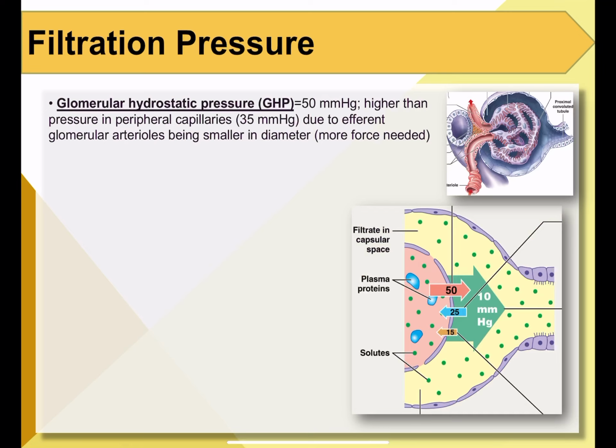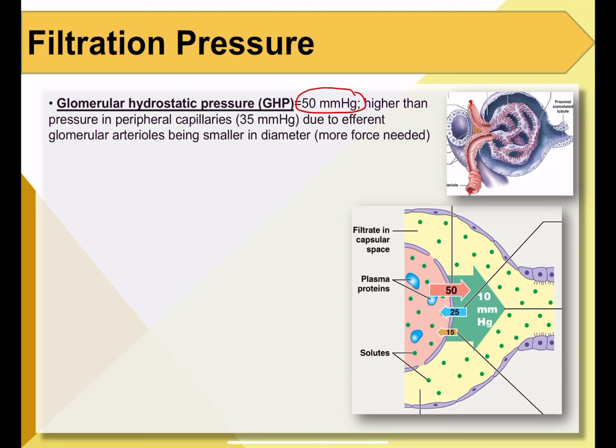Okay, so within the glomerulus, there are again some hydrostatic pressures to know, just like your capillary exchange in the blood vessel chapter. The glomerular hydrostatic pressure is actually slightly higher than your capillary hydrostatic pressure, okay? It is actually 50 millimeters of mercury instead of 35, and I'll explain why that is in a bit.